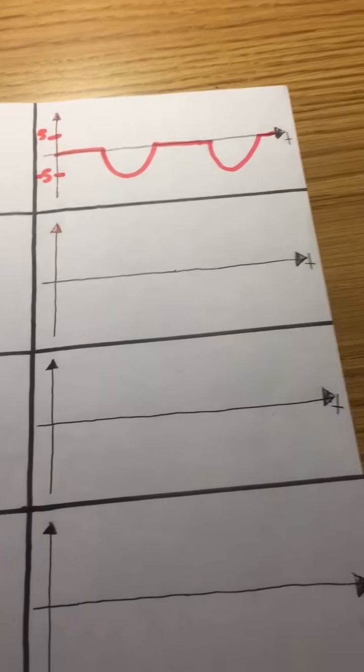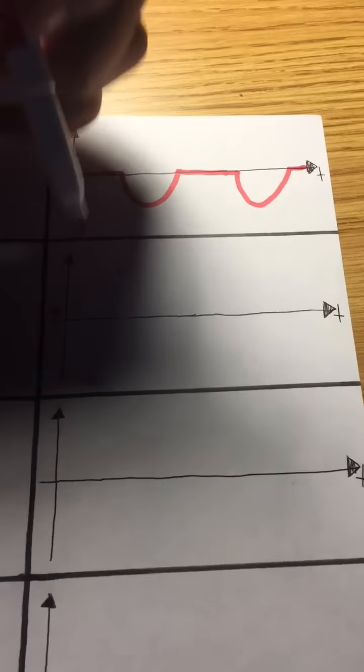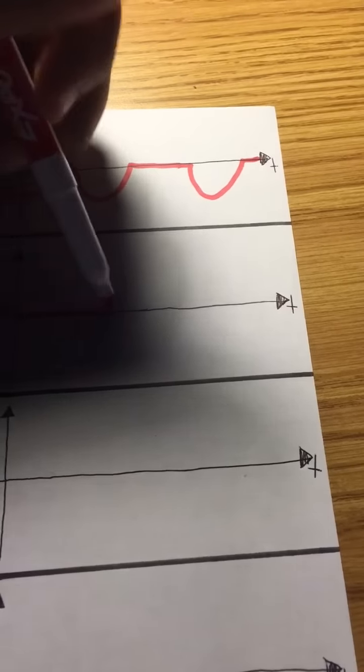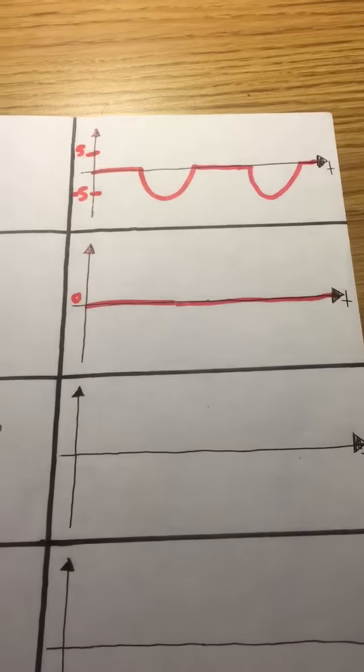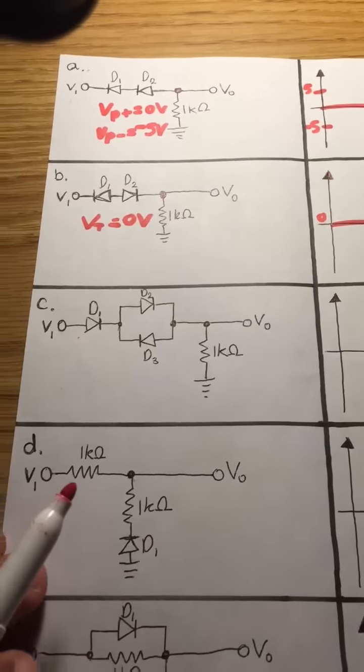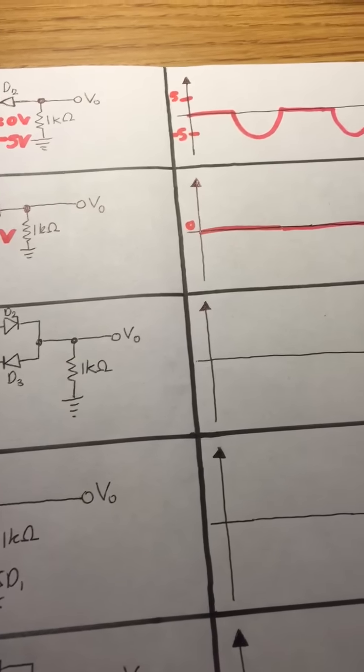And for the graph, that's pretty easy because we just have to draw a straight line through 0, like that.